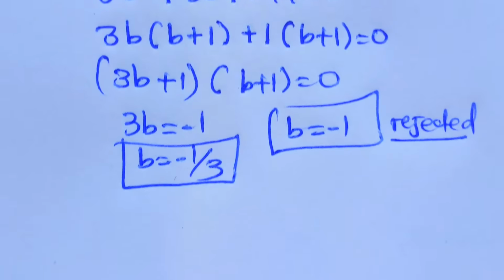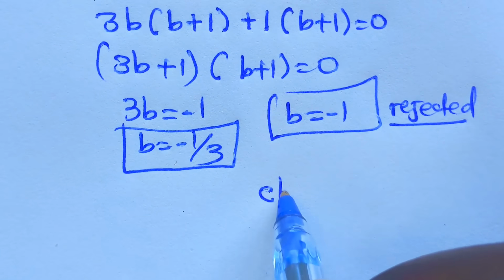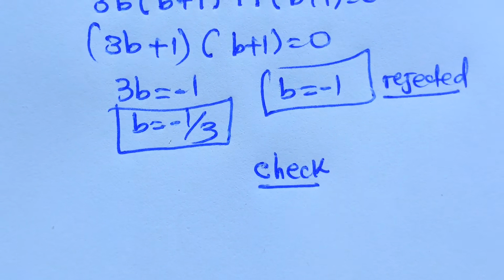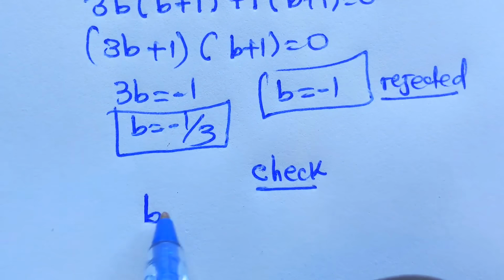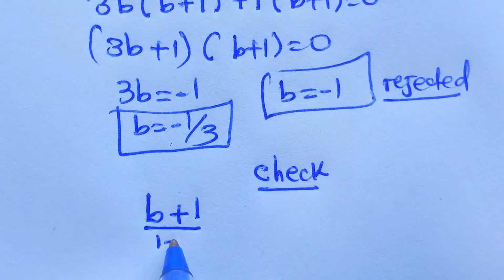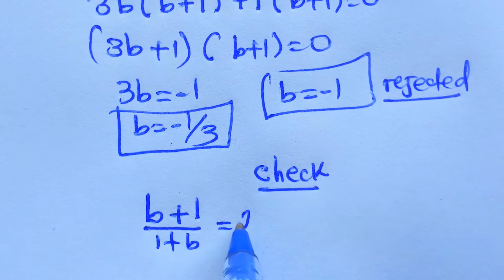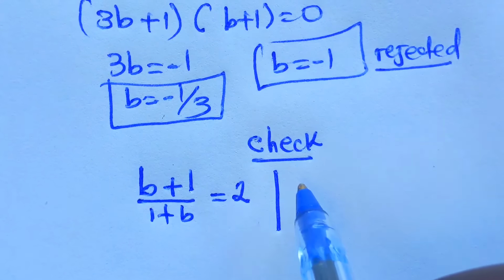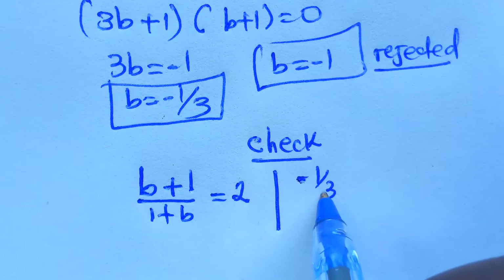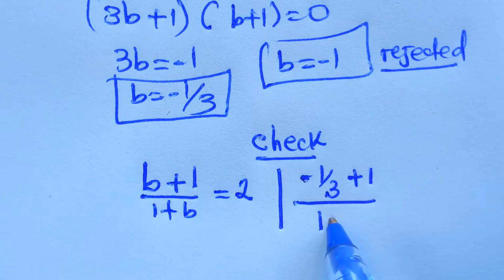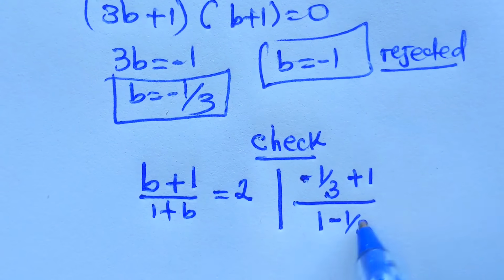So we are going to check if this answer satisfies our equation (b + 1)/(1 + b) = 2. And of course here we have (-1/3 + 1)/(1 - 1/3) equals 2.